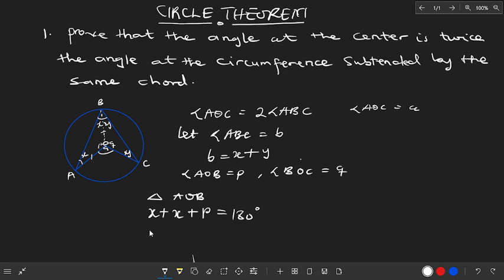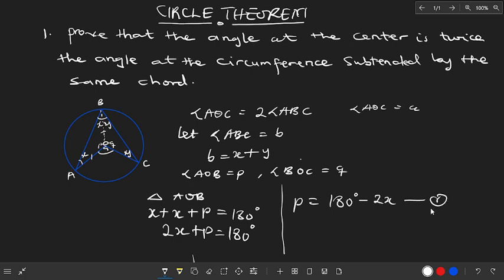Then this gives us 2X plus P equal to 180 degrees. Let's make P the subject, so P will be equal to 180 degrees minus 2X. Let's name this our equation 1.